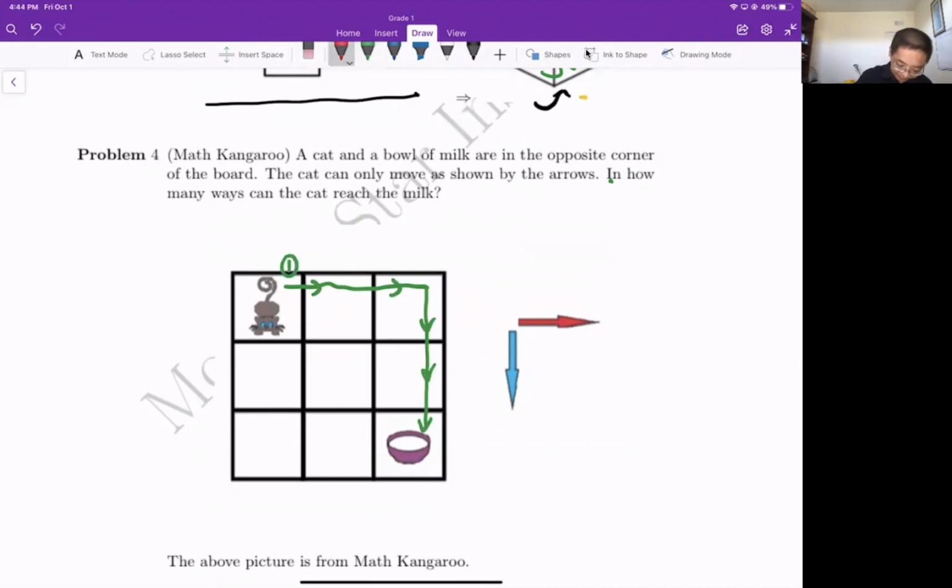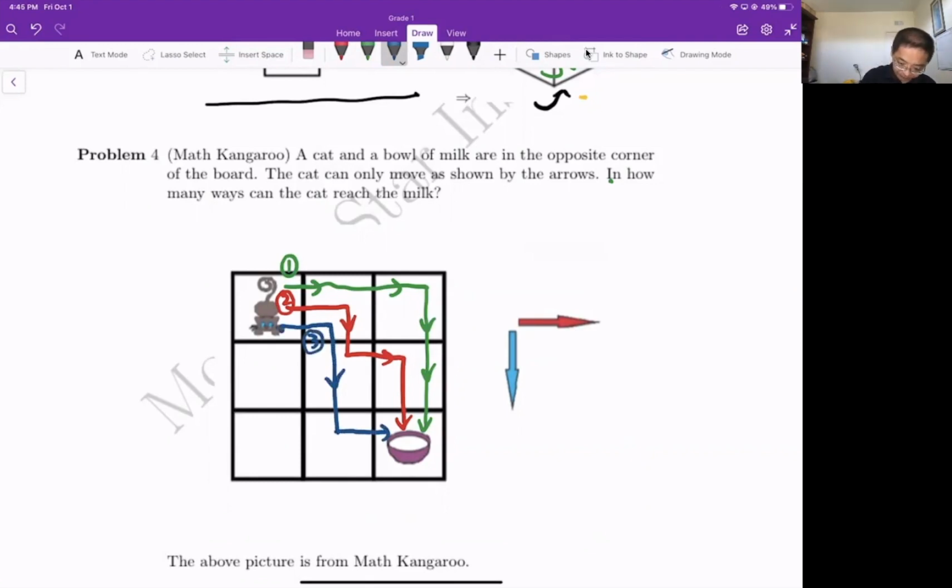Or the cat can go to here and then go down to here and then go to the milk. This is the third way.